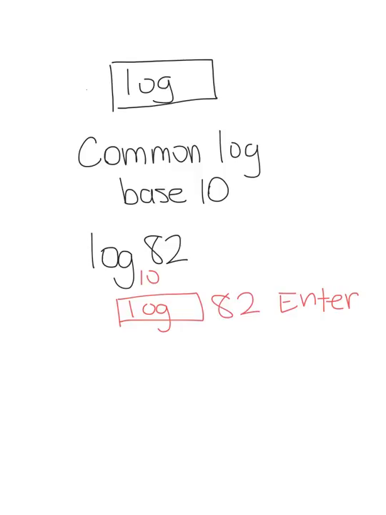And so what I get for log of 82 is 1.938. Oops, I'm sorry, that's wrong. It's 0.9138. So I better write that over. Okay, 0.9138. So that would round to 0.914.